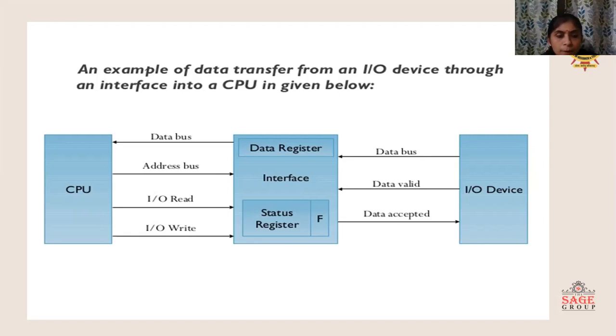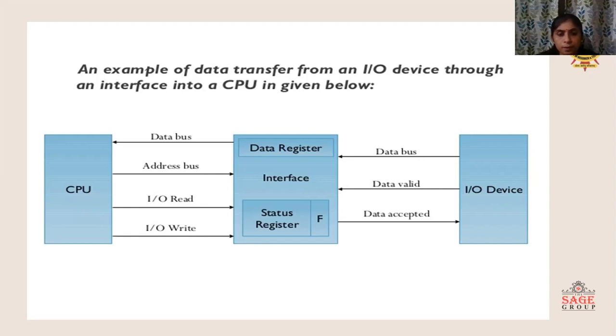On the other side, the CPU and interface are again connected by the bidirectional lines: data bus, address bus, input output read, and input output write. The purpose of data bus is the same, to transfer the data over this bus, and address bus is to transfer the address of the particular device.